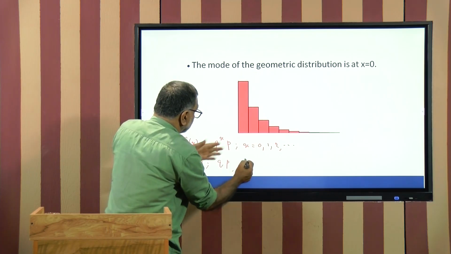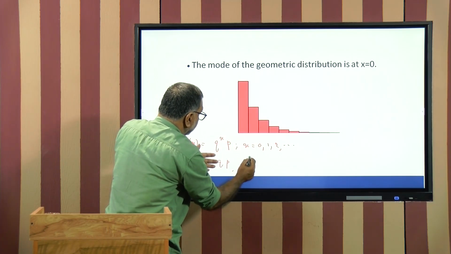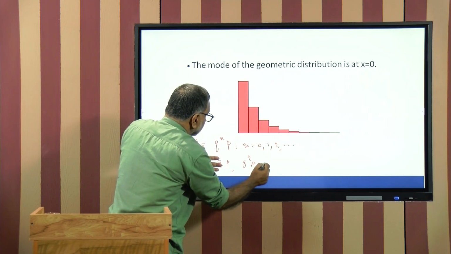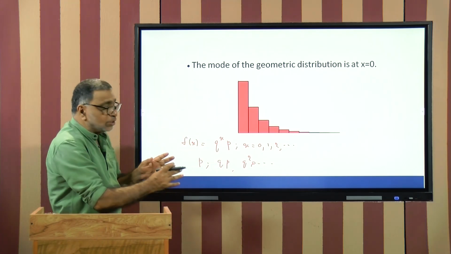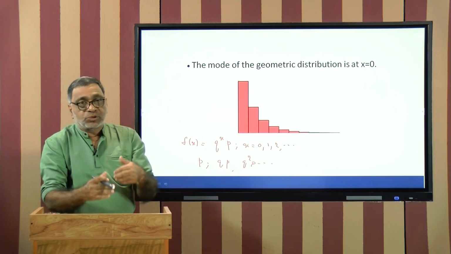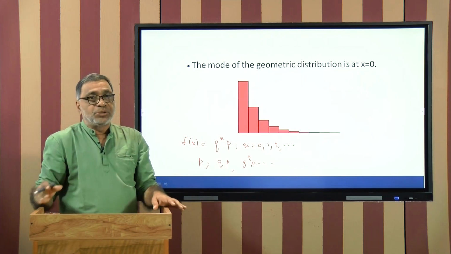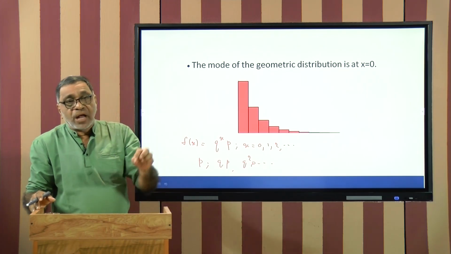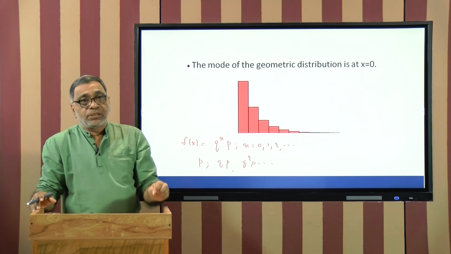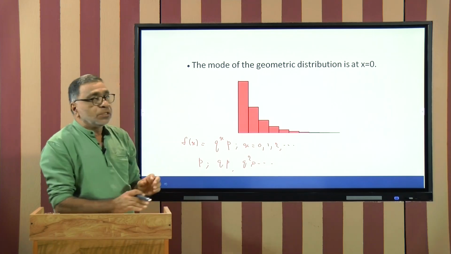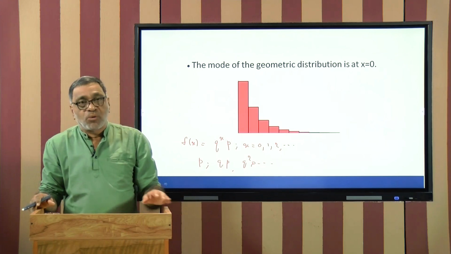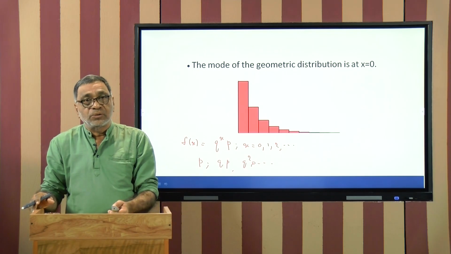When x is equal to 2, it is q squared p. And these values are the successive terms of a geometric series. That is why this distribution is known as the geometric distribution. And the maximum value of the probability mass function corresponds to x equal to 0, that is p. So, for a geometric distribution, the mode is at x equal to 0.